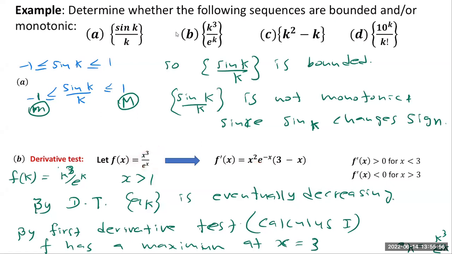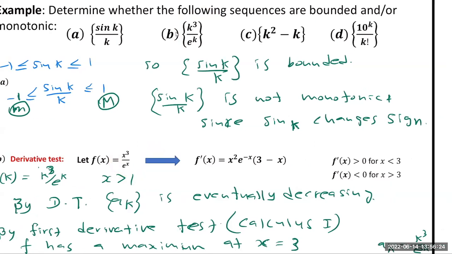What does that tell you? That tells you that the maximum value of this sequence occurs when k is equal to 3, because the sequence is just obtained by plugging positive integers into the function. If the maximum value of this function occurs at x equals 3, then the maximum value of this sequence occurs when k equals 3.